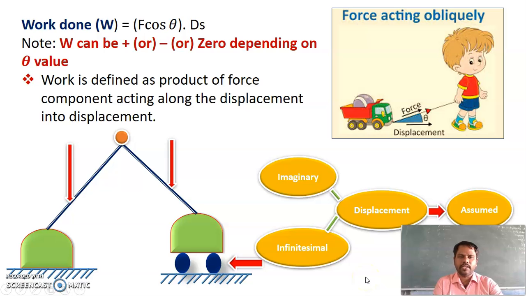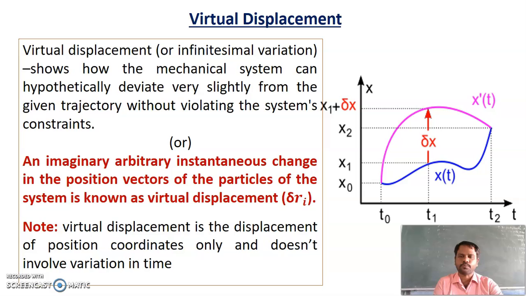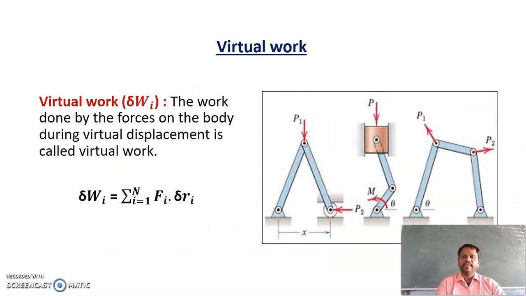Such displacement is known as virtual displacement. The work done by the forces on the body during virtual displacement is known as virtual work, which is represented by delta W, equal to the summation from i equal to 1 to n of Fi dot delta ri.